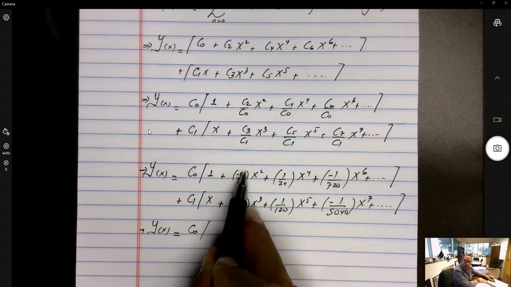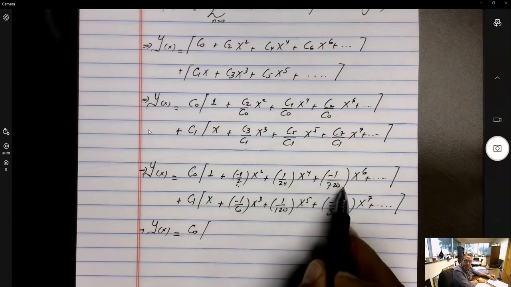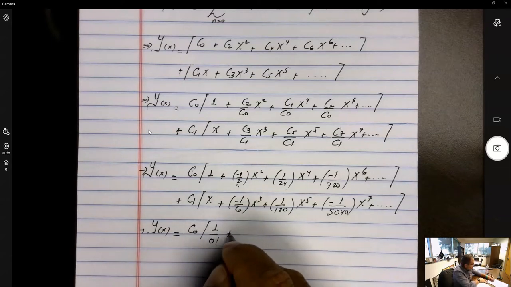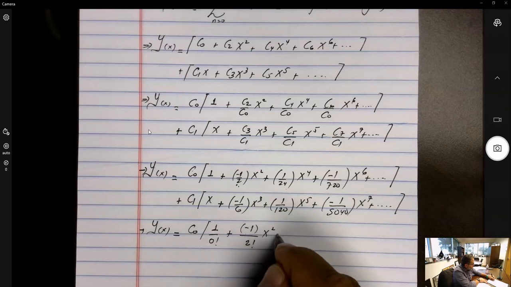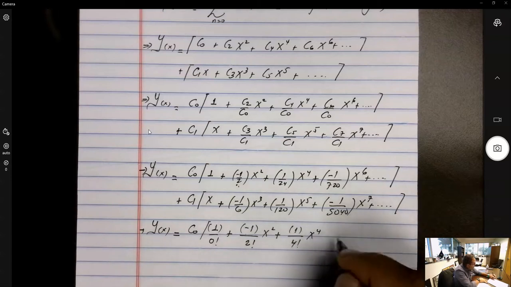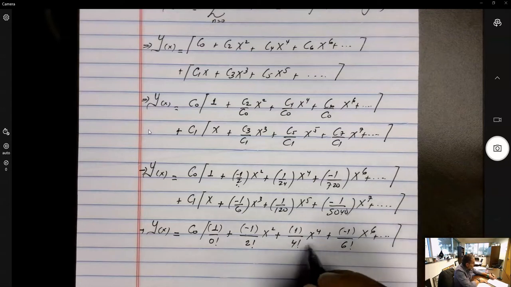1 over 2 is 1 over 2 factorial, 1 over 24 is 1 over 4 factorial, 1 over 720 is 1 over 6 factorial. So this can be 1 over 0 factorial plus minus 1 over 2 factorial times x squared plus 1 over 4 factorial times x to the 4th plus minus 1 over 6 factorial x to the 6, and I can continue to write that in this very simple form.